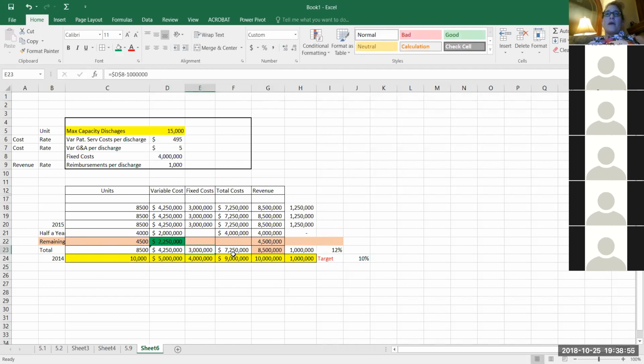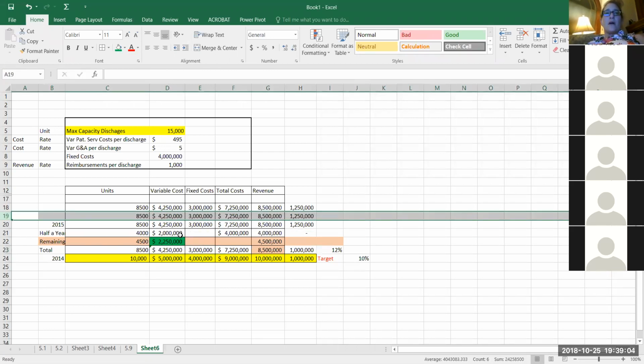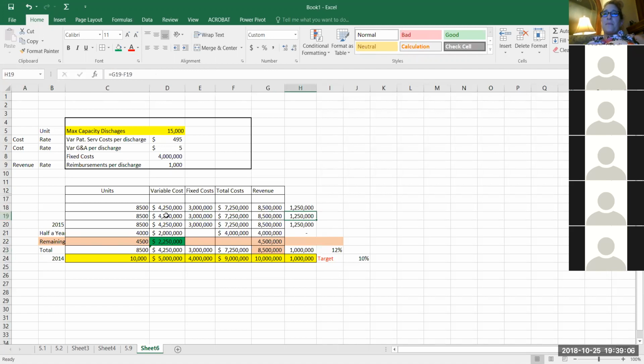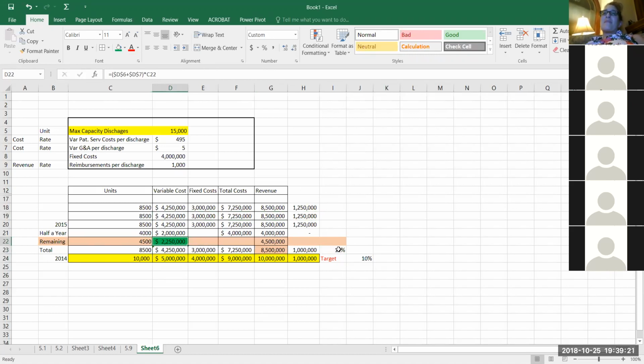So total costs are the 4.2, which is the adding of these two, plus this one. I'm going to do this on a new line so I can make sure that I got this. What's interesting is the target profit is 10%. So I think they're basically trying to reduce staffing costs just to make more profit, but they're already making more. Are you guys following me? It's a little confusing, this problem.